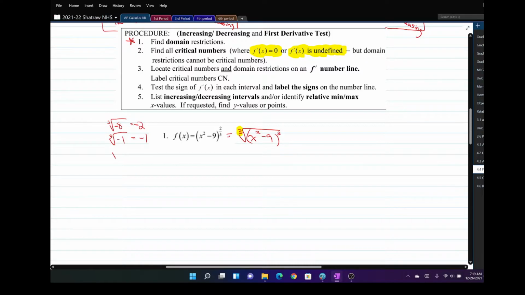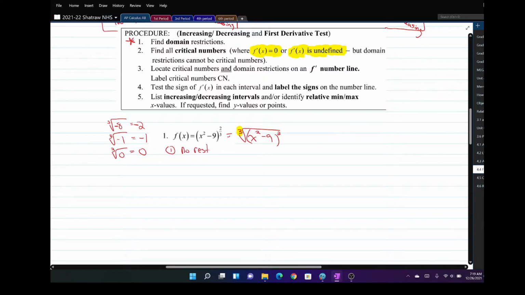I'm not worried about plugging in 0, for example. I can just get 0. It's not a rational function. If it was like this, I'd have a problem. I'd be worried about when this bottom amount is equal to 0, but I'm not worried about that right now. When we get to the derivative, it will be in the denominator, and then I'll worry. Okay, so for now, I can say that step 1, we check the domain.